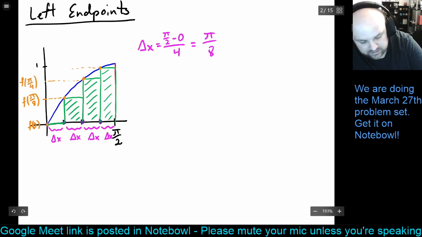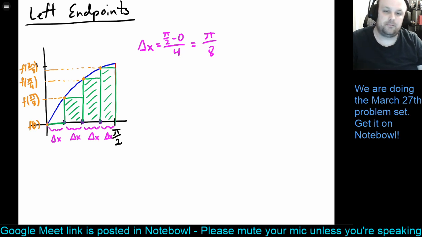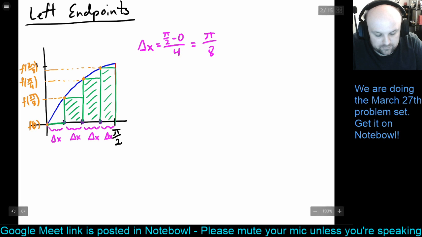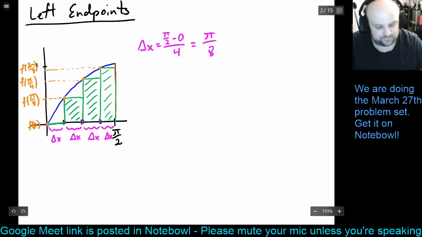Then finally, the last one here is going to be at 3 pi over 8. Plugging in 0, pi over 8, pi over 4, and 3 pi over 8, those are going to give me the heights of all of these rectangles.